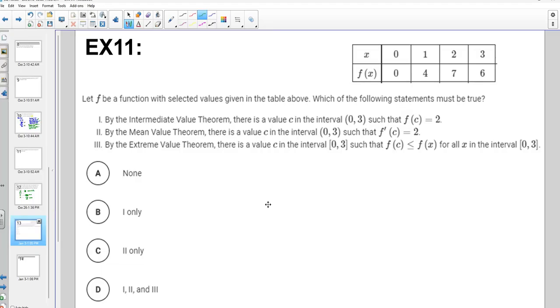And 3, by the extreme value theorem, there is a value c in the interval from 0 to 3, such that f of c is less than f of x for all x in the interval from 0 to 3. Okay, so what do you guys think?